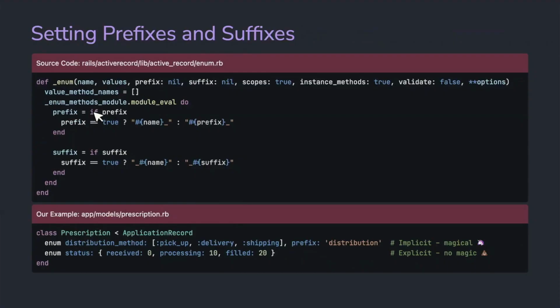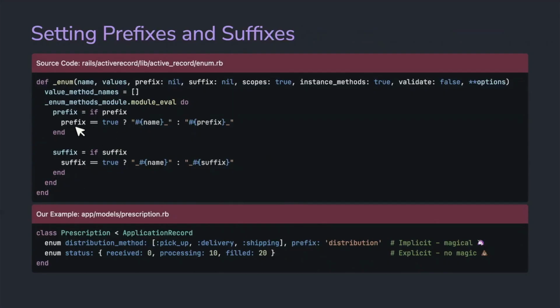And for the prefix, we're saying if a prefix exists, because right now it doesn't, but hey, this one does exist. So if it exists, do what's in this line. If it doesn't, like suffix, we're just going to skip over it and keep going.